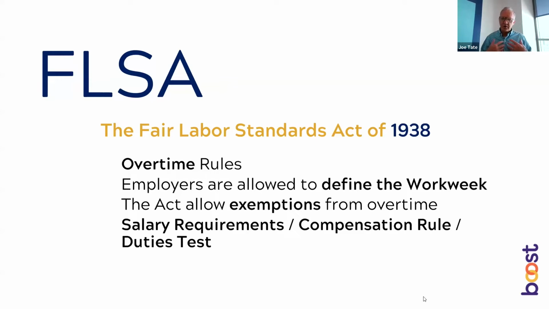So let's say your company pays every 2 weeks. You define that work week as a set 7-day schedule. You can't have somebody work 60 hours the first week, 20 hours the second week, and then combine it and say, oh, that's 80 hours, no overtime. That's not allowed. Overtime is based on that work week.